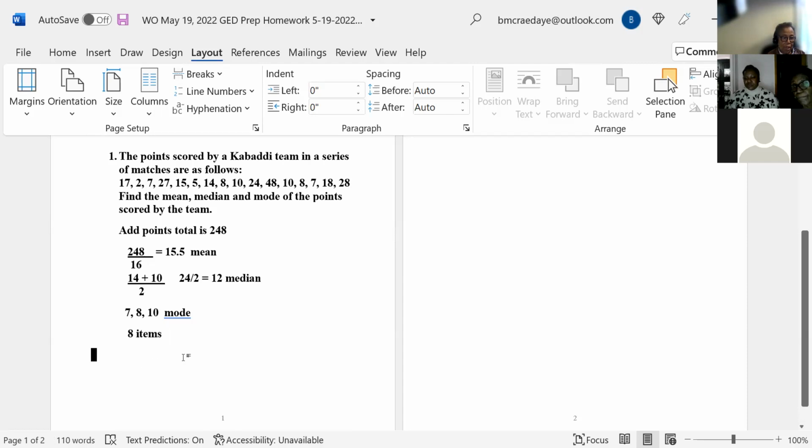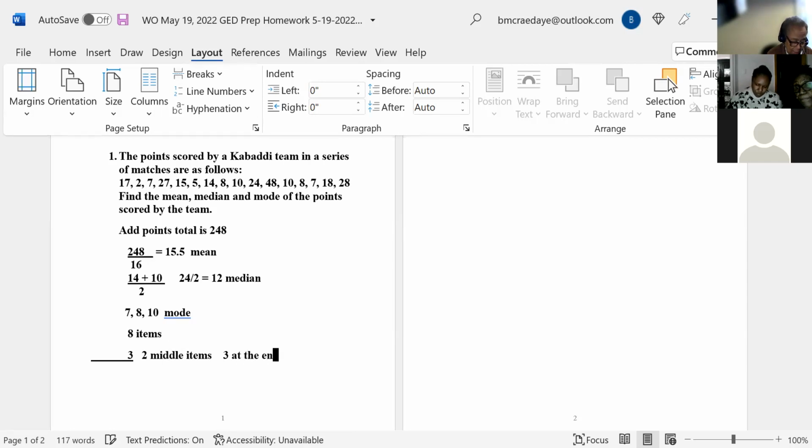In other words, if you had 8 items, you would have 3 items at the beginning, then you will have 2 middle items, and then you will have 3 at the end.